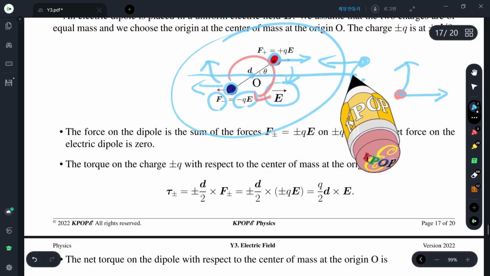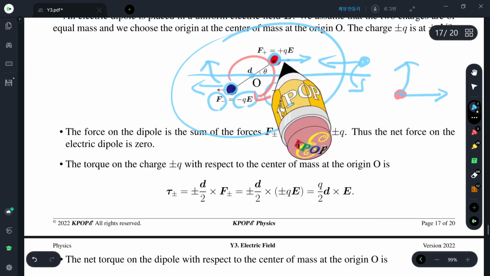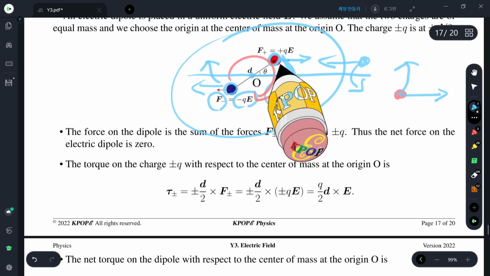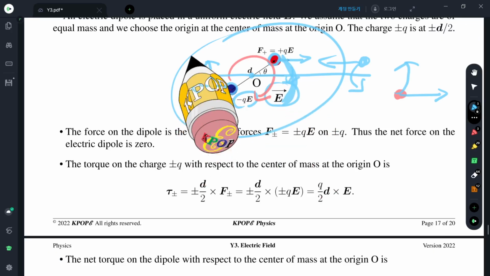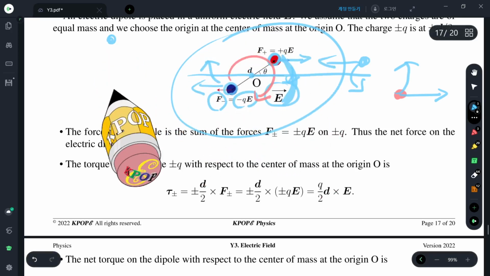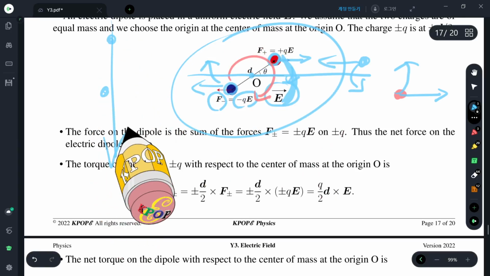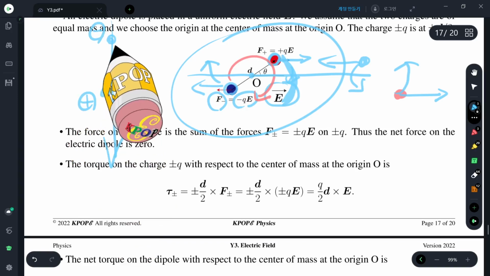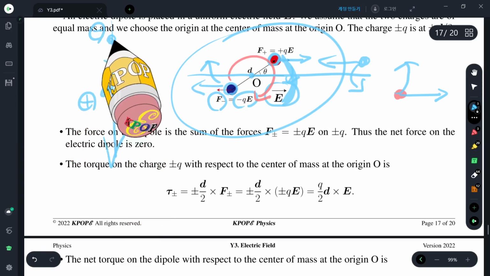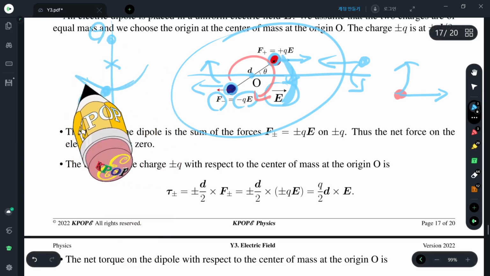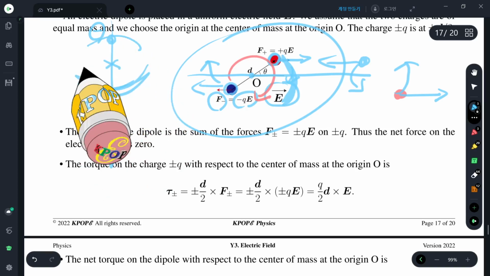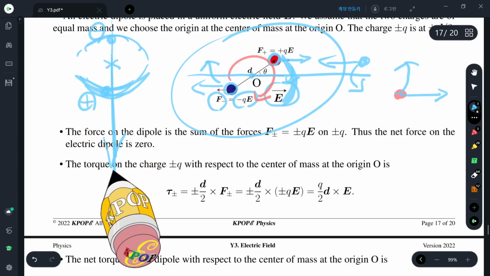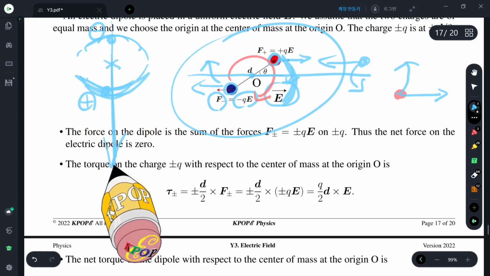There is a stable equilibrium point and it would oscillate. If you rotate this one in this way, the electric field is along this direction, with the positive charge and the negative charge at the center, then this system wants to keep oscillating with respect to the equilibrium direction.